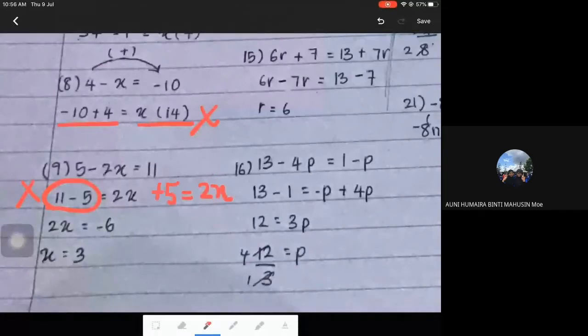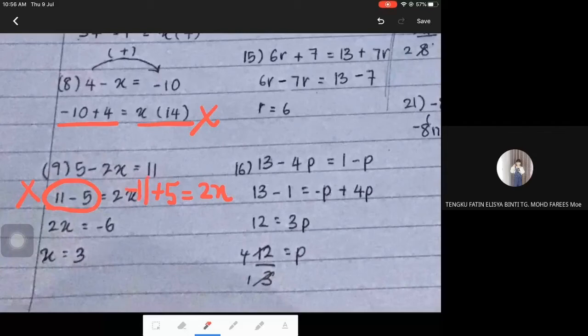Yang pindah siapa? 11. 11 pindah. So jadi apa? Negative 11. So 5 minus 11 equals to 2x. So 5 minus 11 is negative 6.